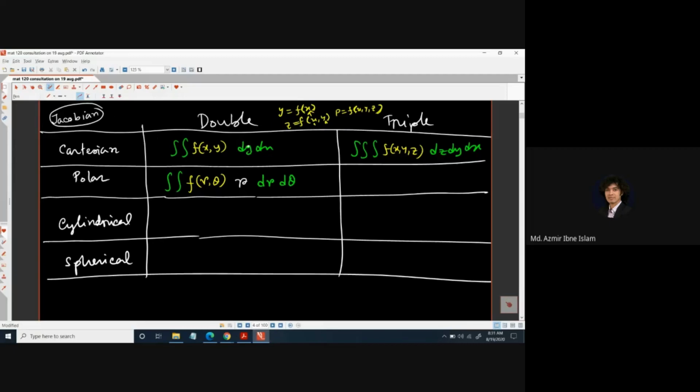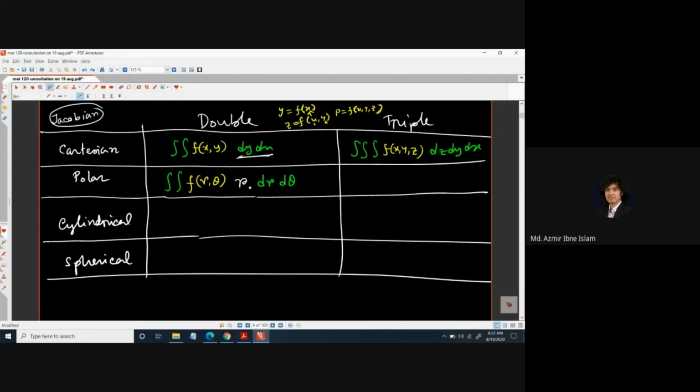So here we have dy dx. Whenever we are converting this to polar, dy dx will be replaced by r dr d theta. This r is the extra part that is called the Jacobian. There is a huge concept behind the Jacobian.